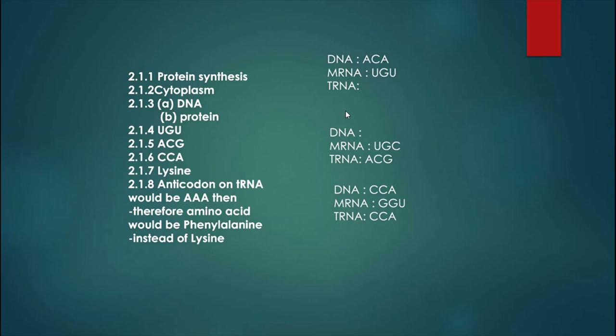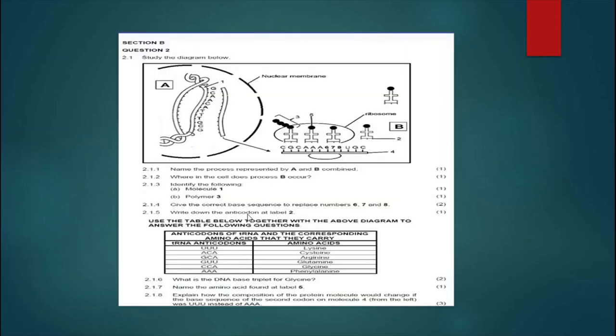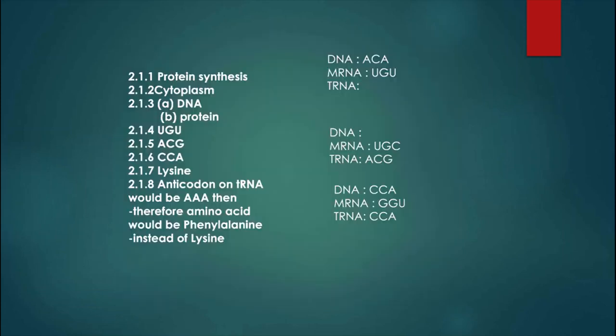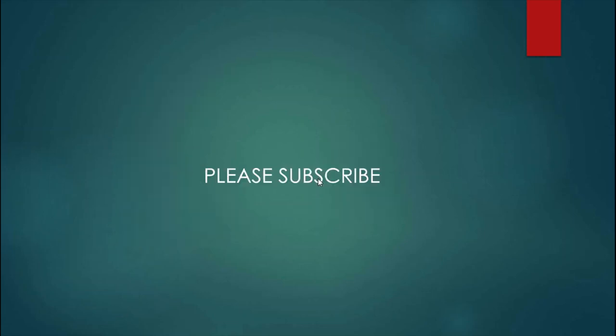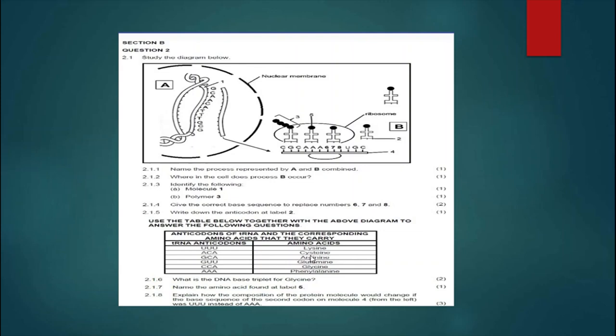So let's look at the next question. Write down the anticodon at label 2. The first tRNA there pairs with CGC, the second one AAA, the third one 6, 7, 8. So this tRNA pairs with UGC. If we have the mRNA base triplet UGC, what is the base triplet for this tRNA?